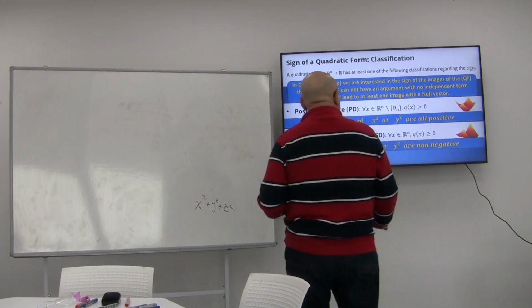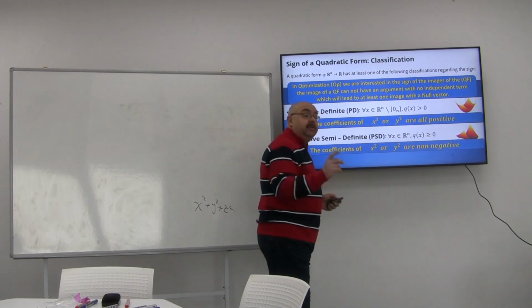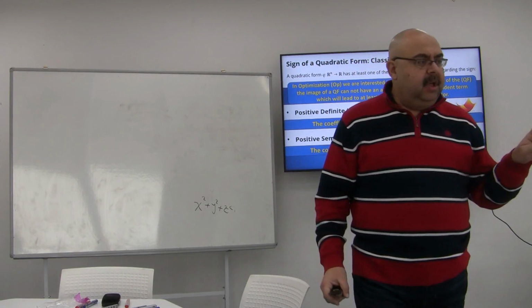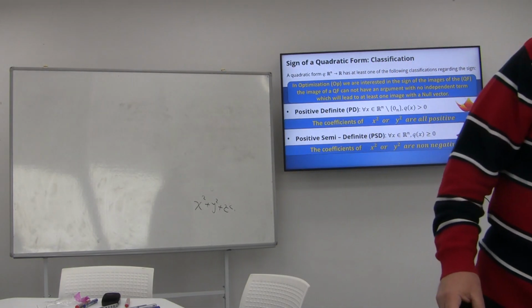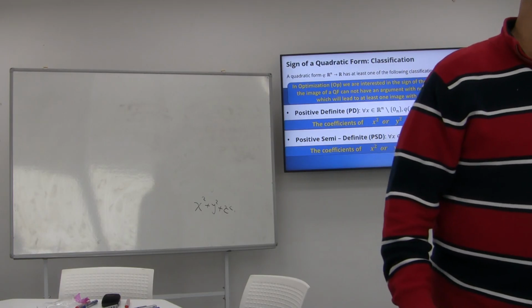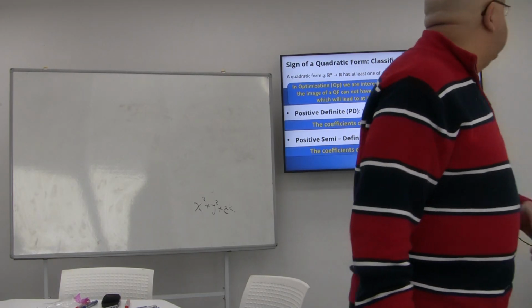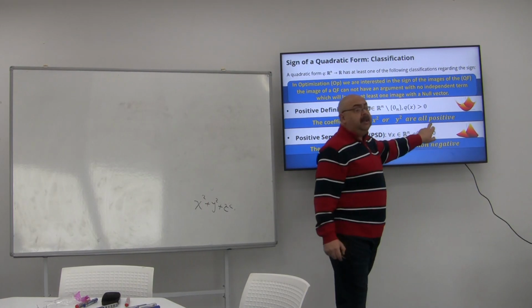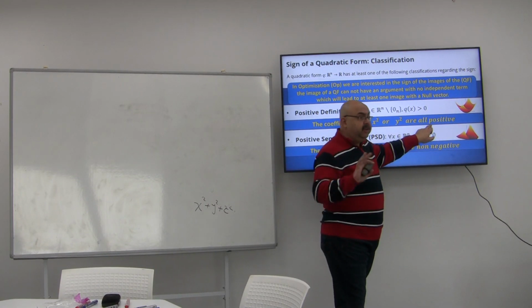So the coefficients of x squared, y squared are not negative. Why did we say it is not negative? It means we allow that these coefficients may be positive or 0. Do you understand what I'm saying? Okay, so the first one is a condition that all the coefficients must be positive, so greater than 0.